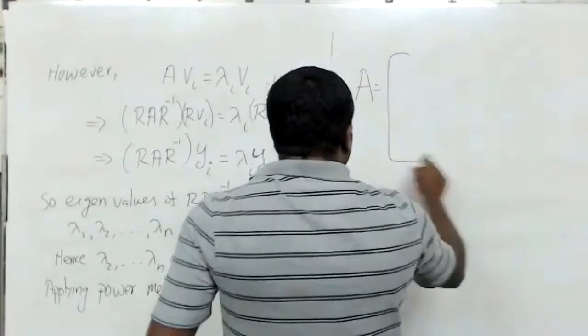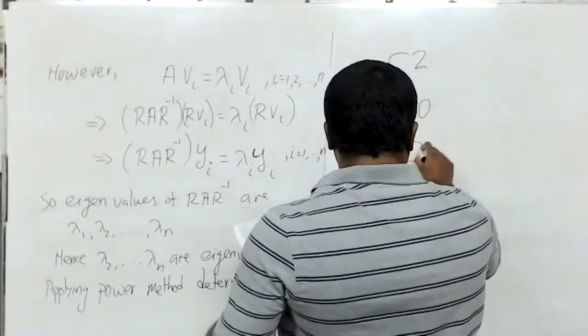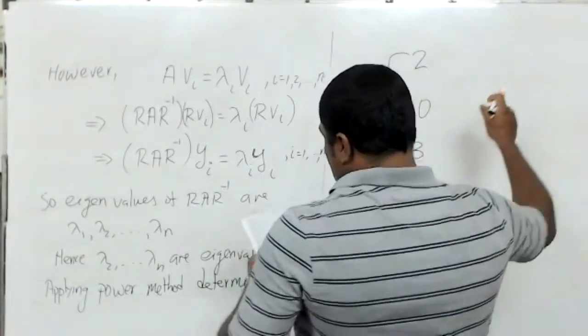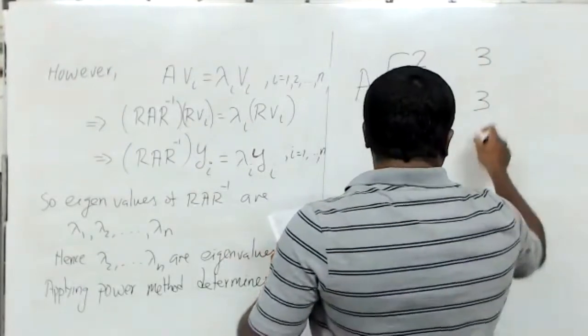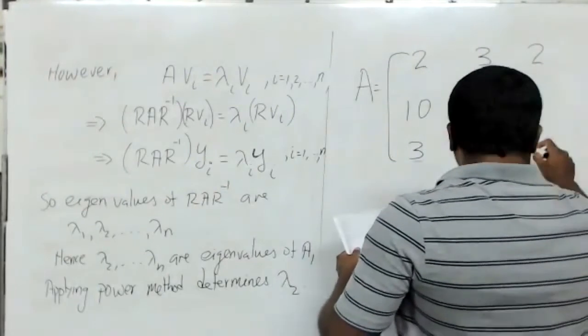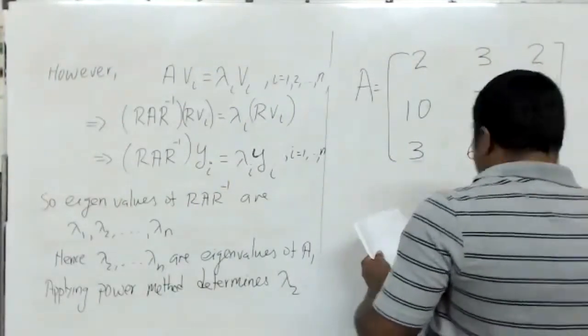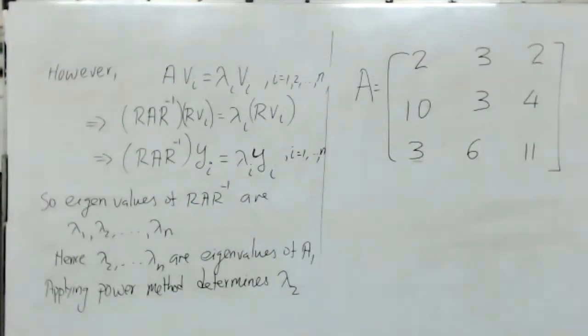So here is A. A is a matrix given as 2, 10, 3; 3, 6, 3; 2, 4, 11. So this is the given matrix. In order to apply the deflation process, you should have already computed lambda 1 and V1.